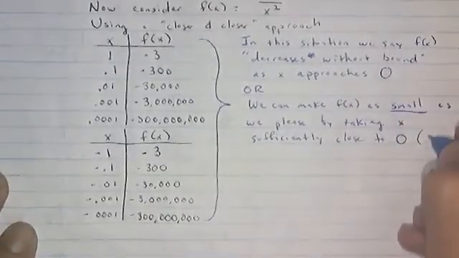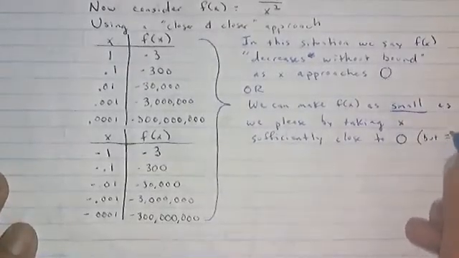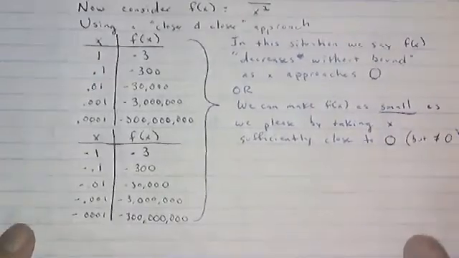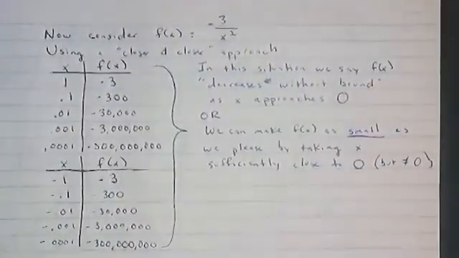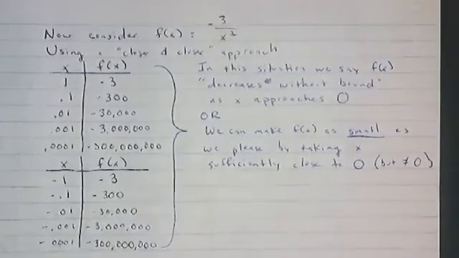Again, remember it's not equal to 0, because just as we saw in the previous example, 0 is not in the domain of this function. Get really, really close to it, can't be it.